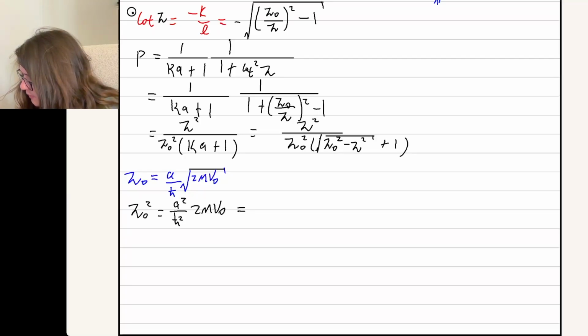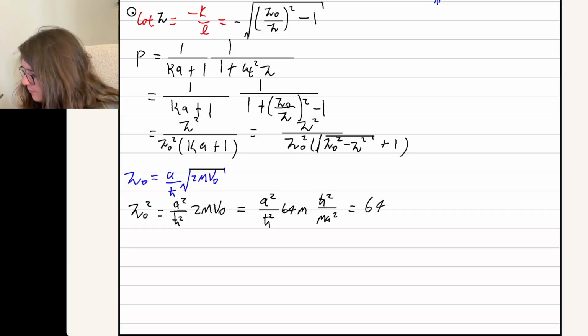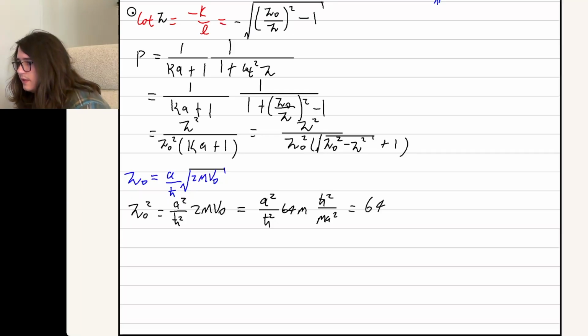So we have a squared over h bar squared times 64m, and it's h bar squared over m a squared, so it's just 64. All those constants cancel out. That's fun. And then z is the solution that you have to find by doing a transcendental equation.